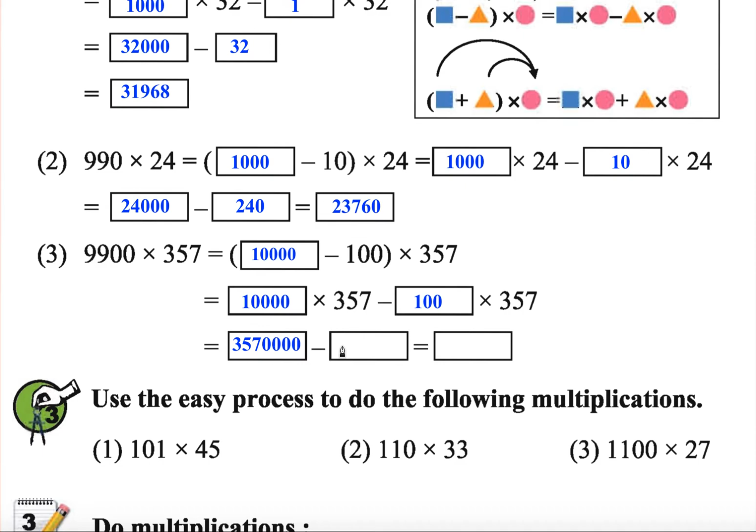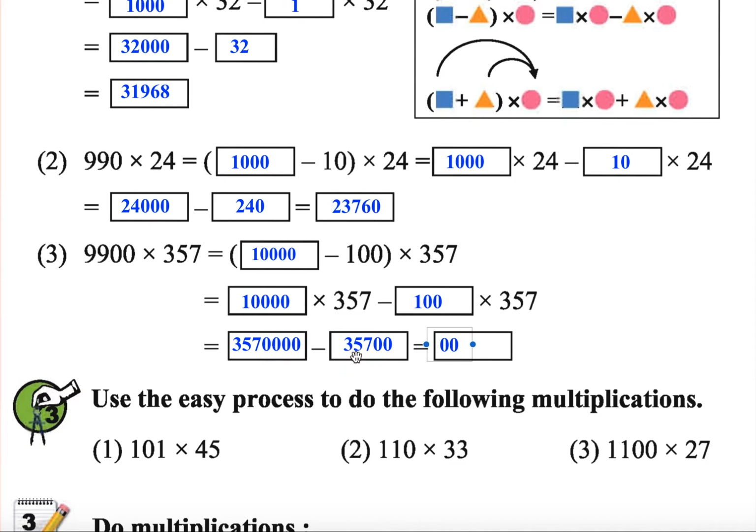What about this? 357 with 2 zeros. Okay, subtract this from this, that will be the final answer. We will do it in some other way.